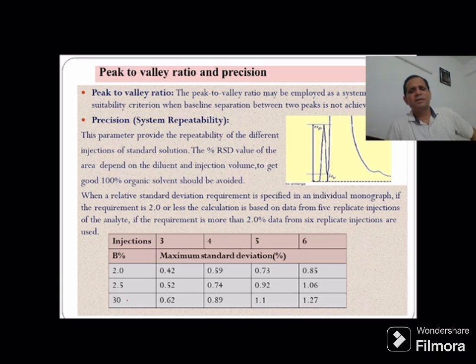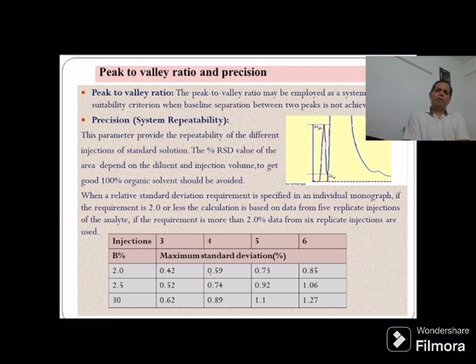So the percentage RSD value will be different. So here this is the table we can use, and based upon the requirement, based upon the standard or limit of the particular test, we can fix the percentage RSD value of the precision.